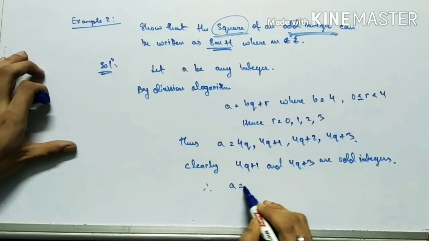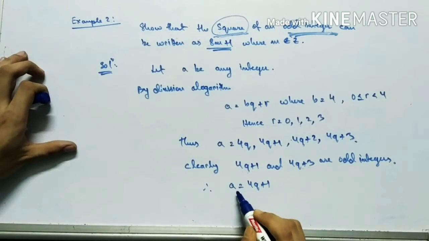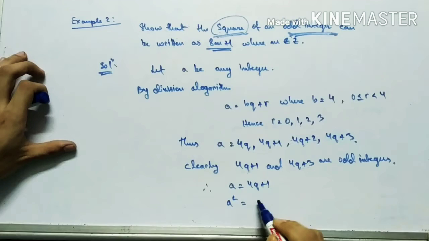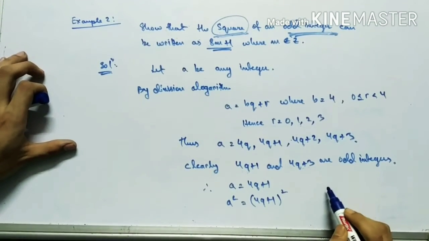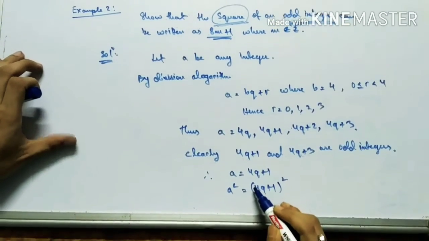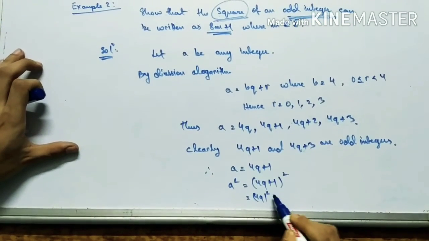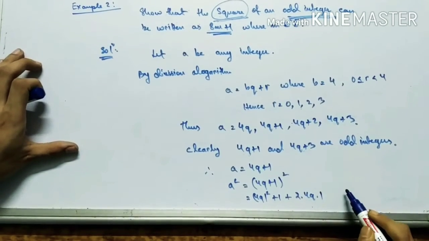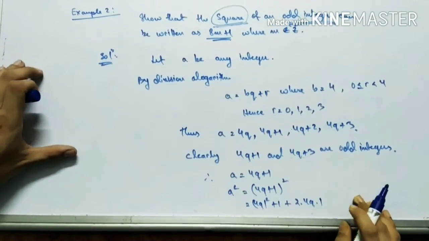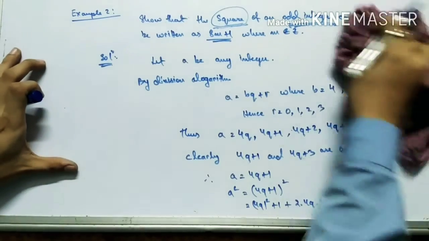So therefore a equals 4q plus 1. Squaring both sides, I will get 4q plus 1 the whole square. So this is equal to 4q the whole square plus 1 plus 2 into 4q into 1.